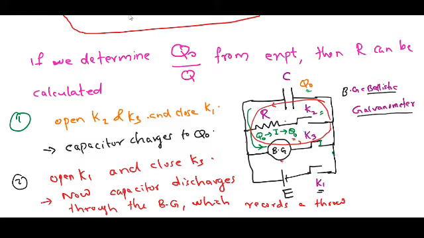That throw is denoted by theta 0. Be careful, this is not Q0, this is a theta deflection. We denote it as theta 0.